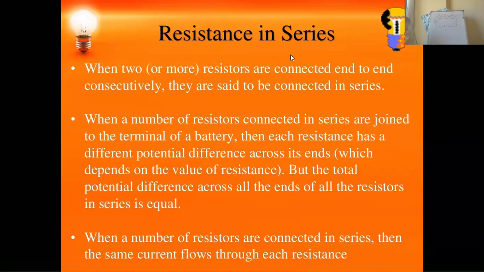The potential difference across the ends of the combination is distributed across each one of the resistors, so the potential difference across any one resistor is directly proportional to its resistance. That is why the potential difference will be different, because the values of the resistances are not the same. They take the potential as per the resistance if we connect them in series.